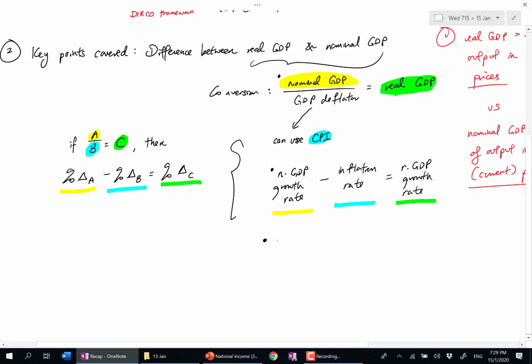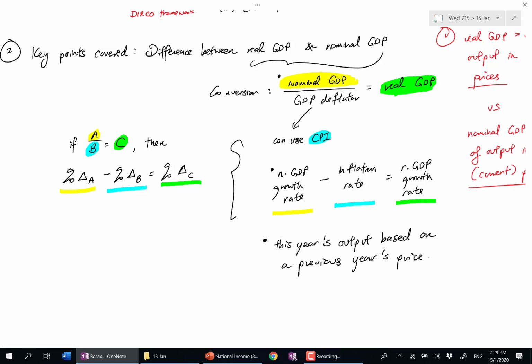You can take, let's say, this year's output based on a previous year's price. When I say previous year, it doesn't have to be 1 year before, 2 years before. It's a previous period. You can choose, up to you. Do you know what we call this previous year? Any idea? Base year, very good. Yes, we call it the base year.